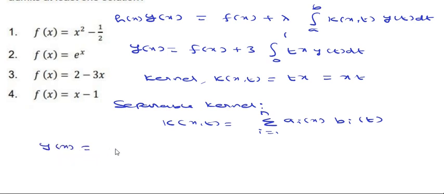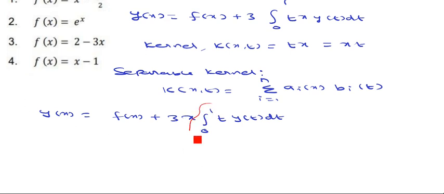y of x equal to f of x plus 3 times x, because this integration is dependent on t, therefore x is independent of this integration, so we can take this out: integral 0 to 1 t y of t dt.